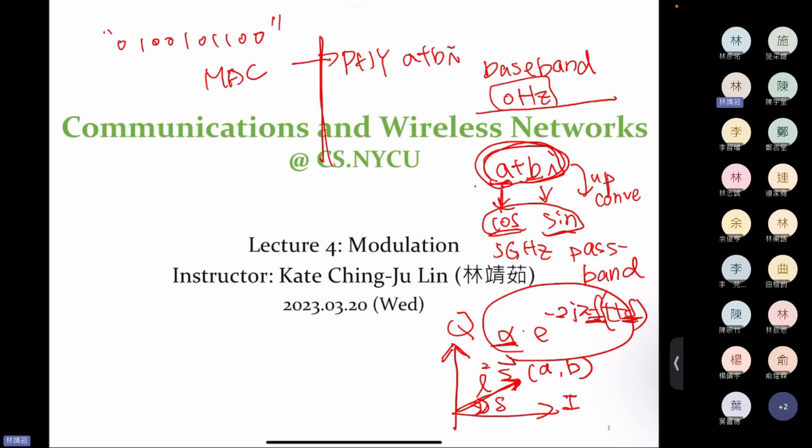So you need some way to convert your binary information to the corresponding physical complex value. Again, the application generates the binary bit string, but in the physical layer, we can only deliver A plus BI, right? So you need some conversion to convert the binary string to A plus BI.